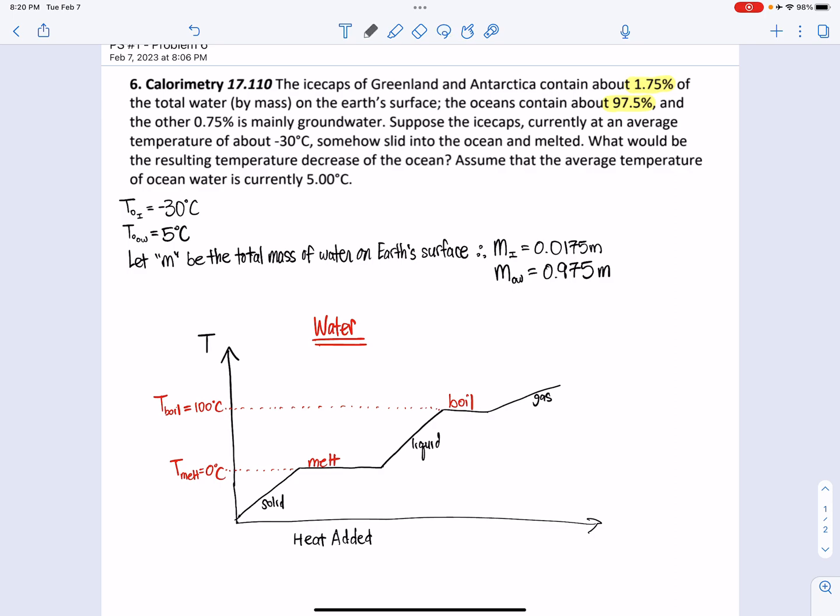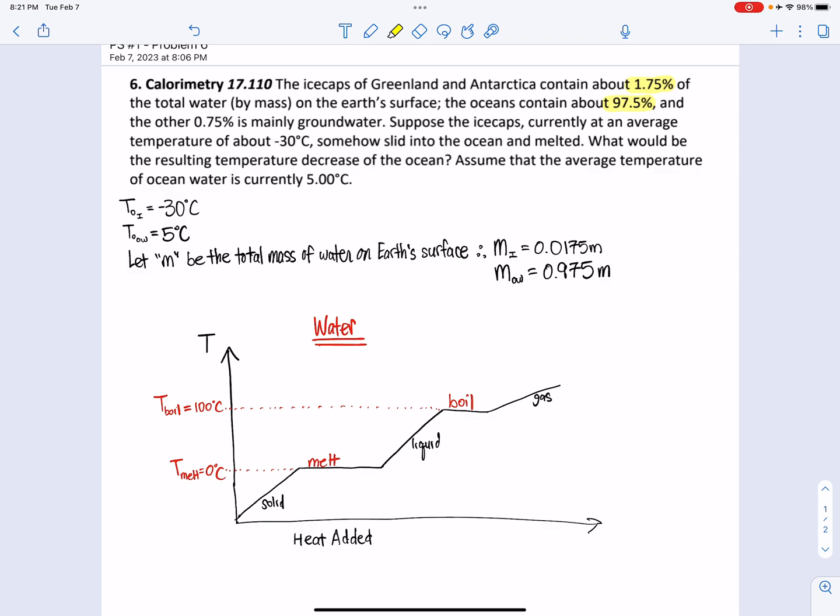Water is a solid when it's below 0 degrees Celsius. It is a liquid when it is between 0 degrees Celsius and 100 degrees Celsius. And it becomes steam or a gas when it's above 100 degrees Celsius.